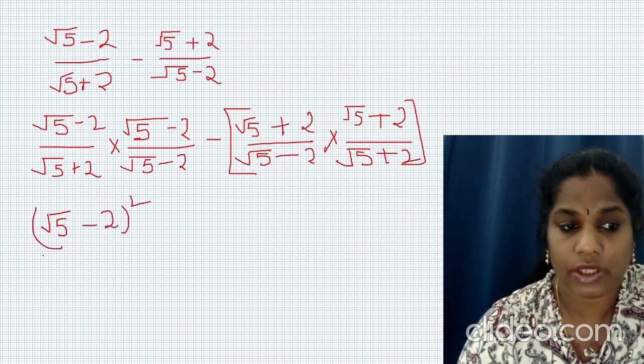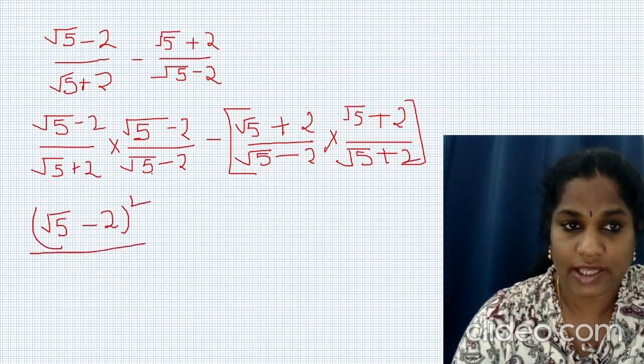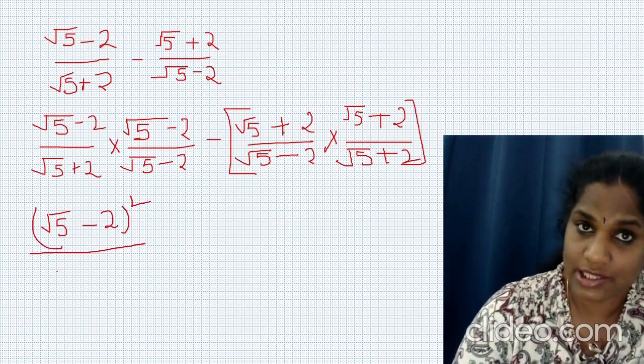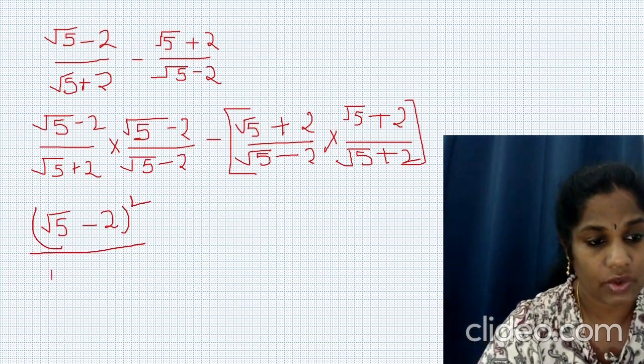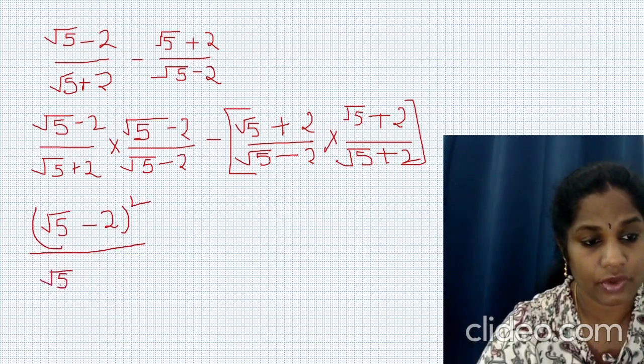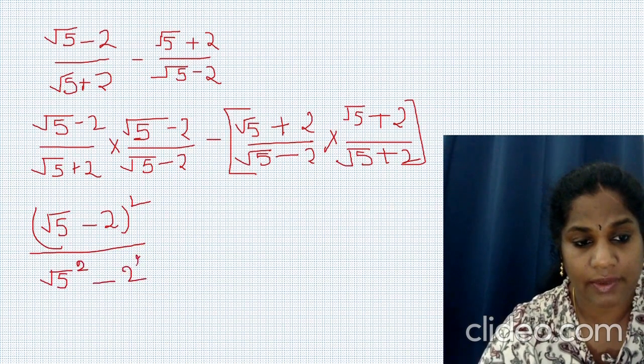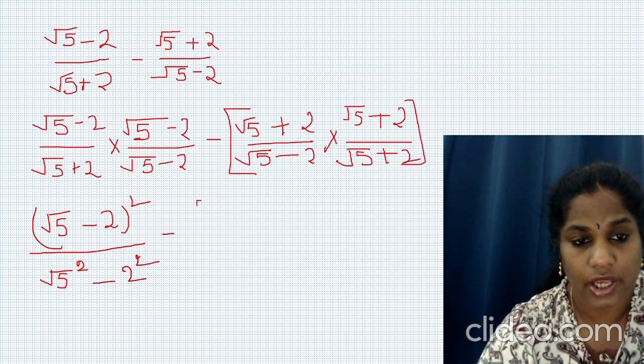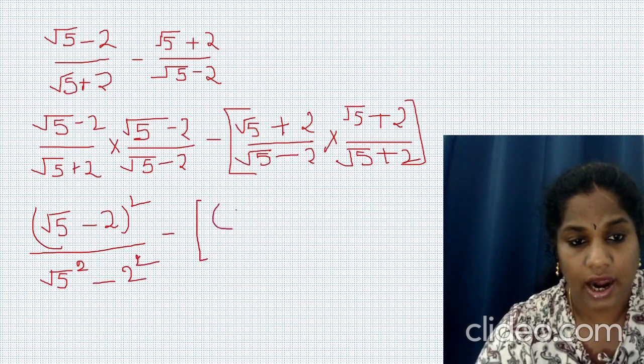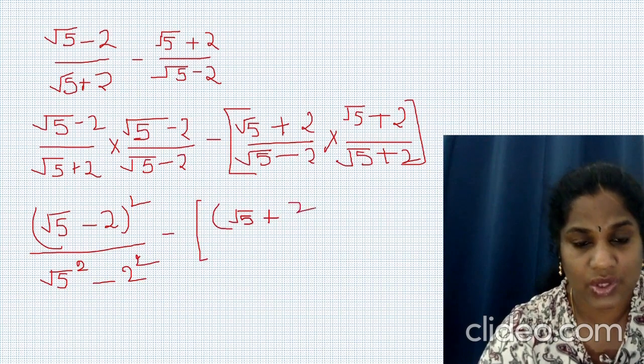And down, as we always do, we will get a square minus b square. So here it will be (√5)² − 2². The same thing goes here also. Here I will get (√5 + 2) whole square.